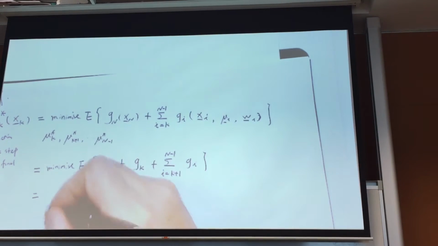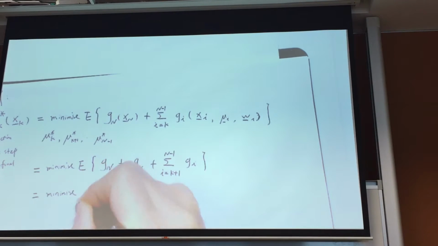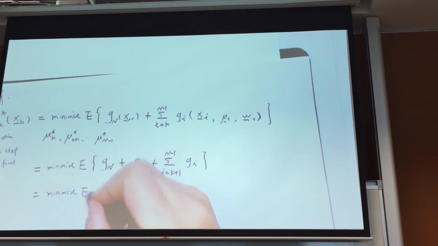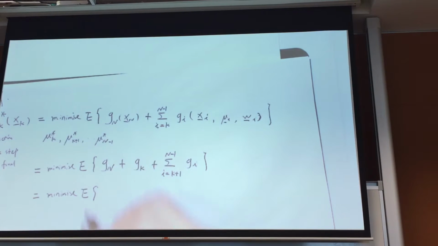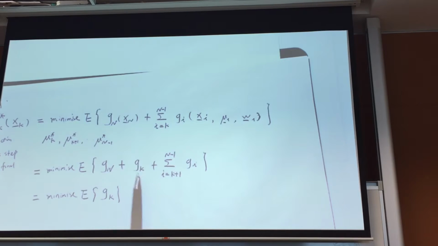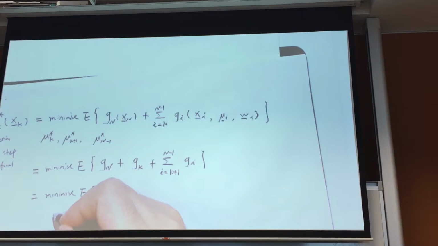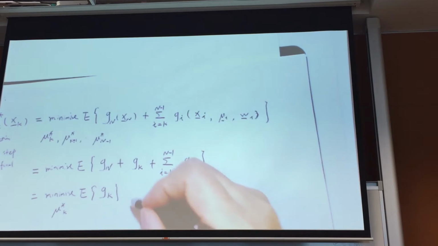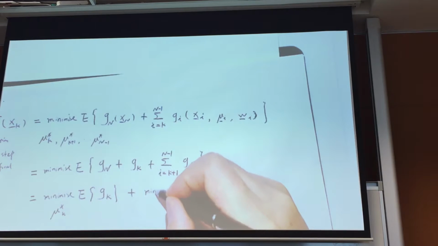So for this g_k, the optimization will be in terms of the optimal control policy in the kth step, and plus the remaining part.